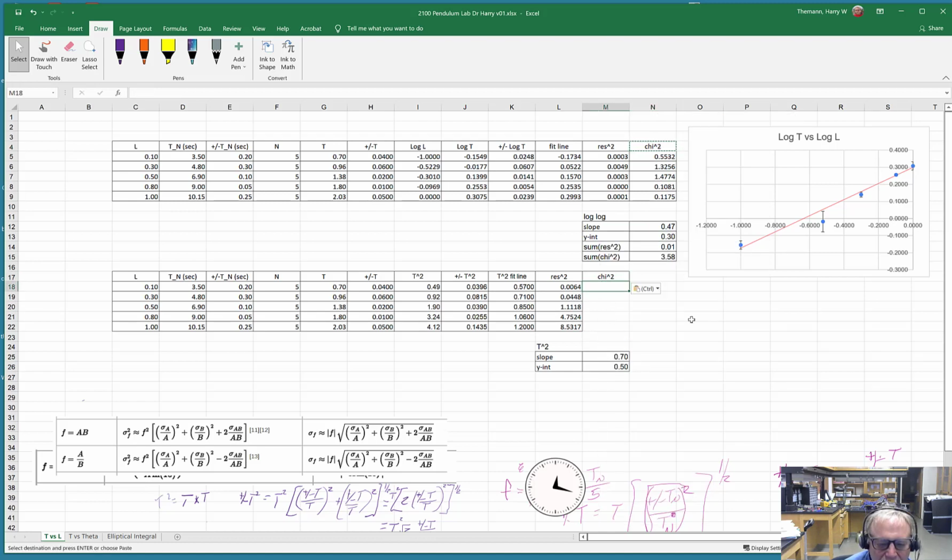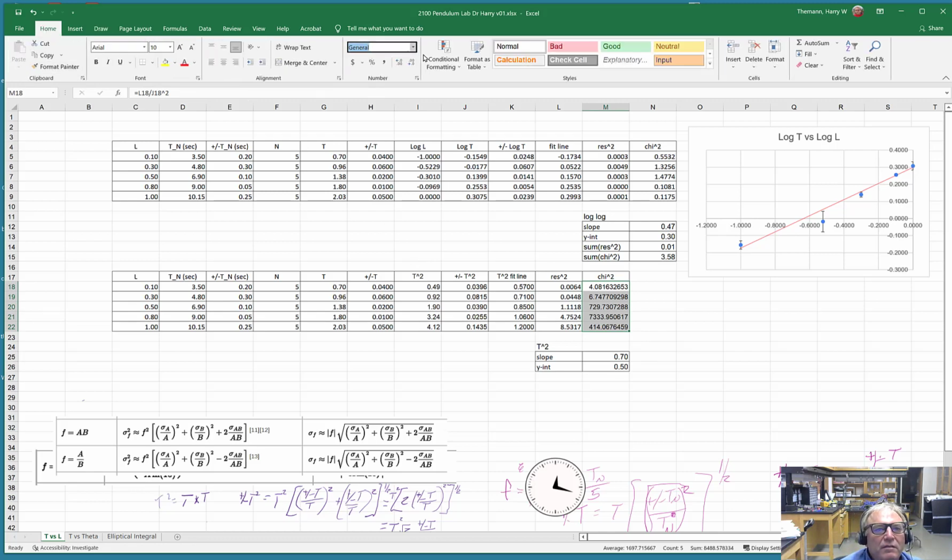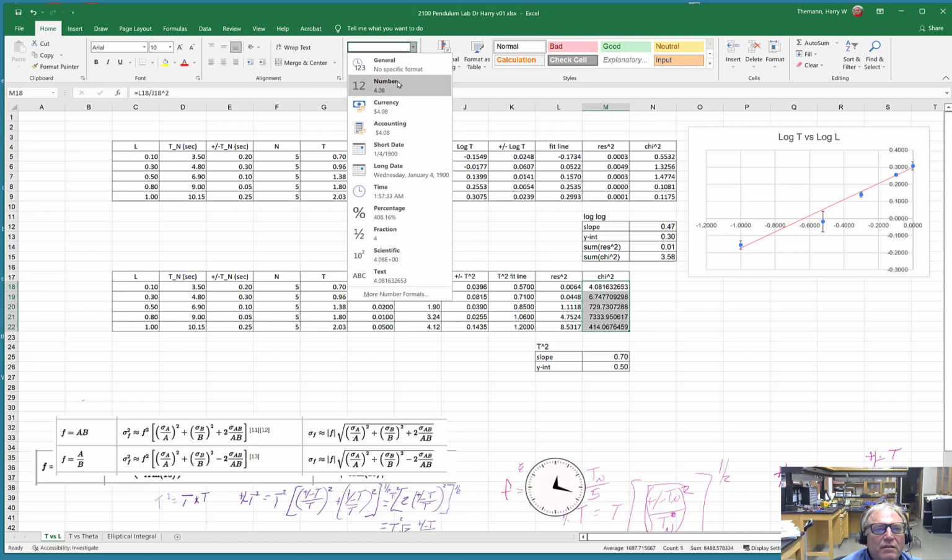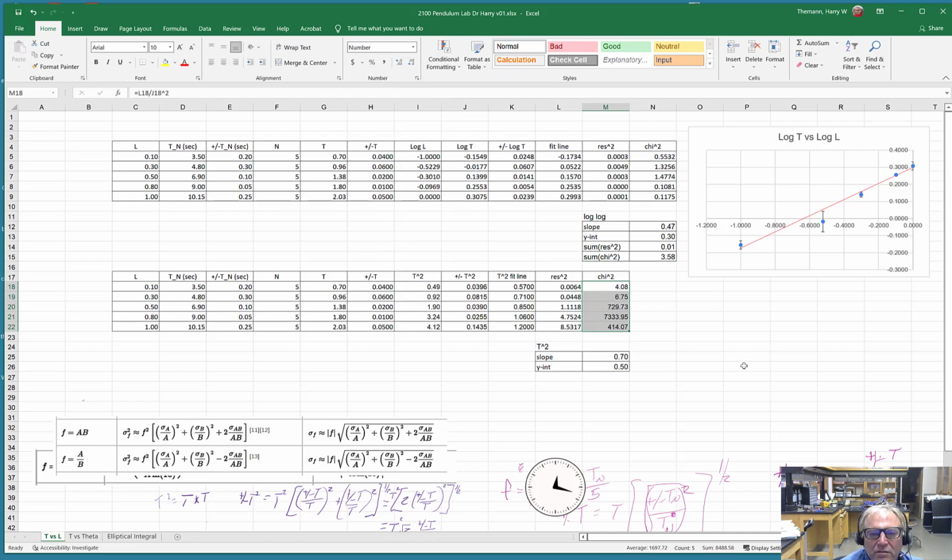And this equals the residual squared divided by the error bar squared, which is this. And once again, oops, we have to do something about that. Home number, and that should be okay.